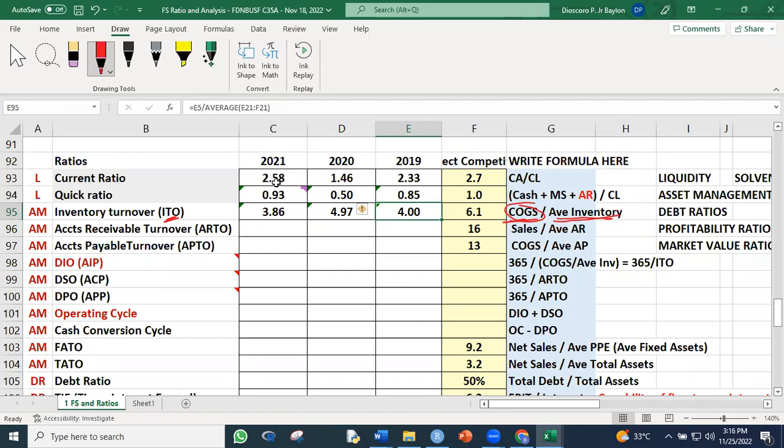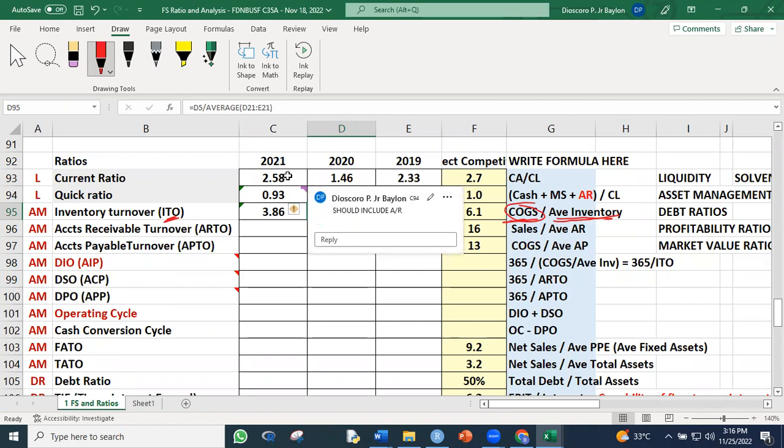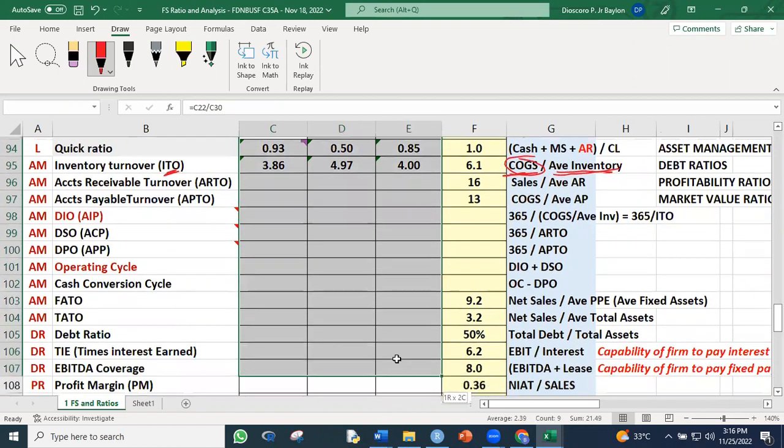So comparing 2021 and 2020, 2020 proved to be a better year because its turnover was 4.97, almost 5 times. So every year, it was turning its inventory from raw materials to finished goods and then selling, almost 5 times a year. Okay, maybe let's make this just 1 decimal place.